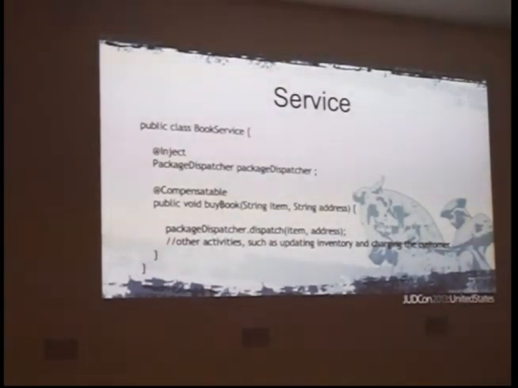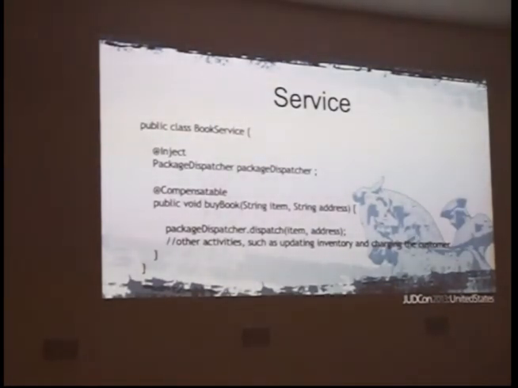So all we do is we annotate that method as @compensatable. This is very similar to having @transactional or @transaction attribute in the JTA world. What it essentially does is it says that this method needs to run inside a compensation-based transaction. If there's one running, then great, use it. If there isn't, create a new one.